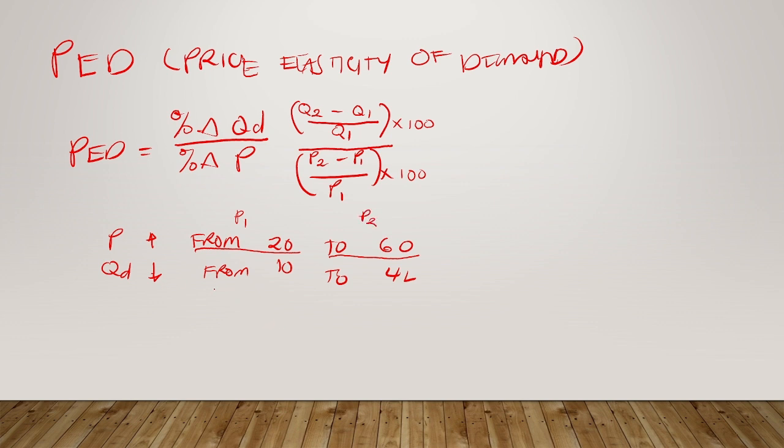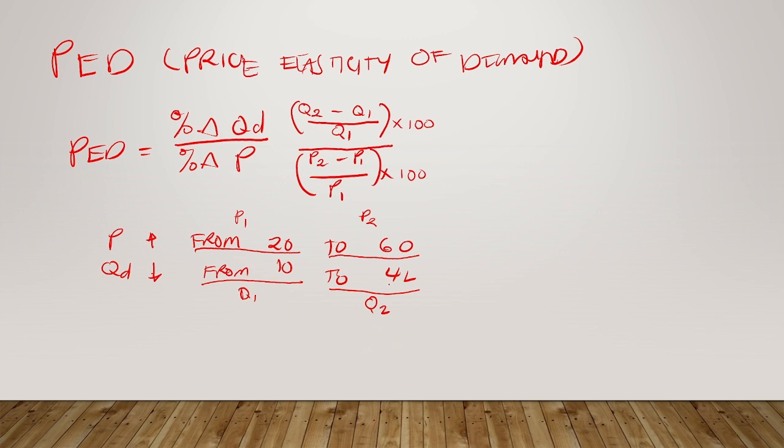In this case, for QD, 10 will be our Q1, and 4 is our Q2. Try to solve this one.